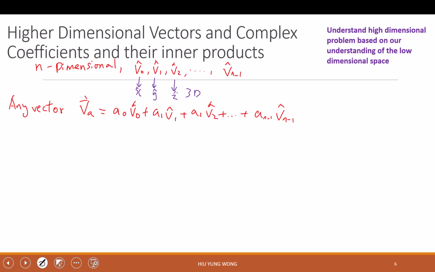Is this okay? In 3D, I can say it is A0 x hat plus A1 y hat plus A2 z hat. Done. Any vector in 3D. Now it's in N dimensions, then I will just have N coefficients.